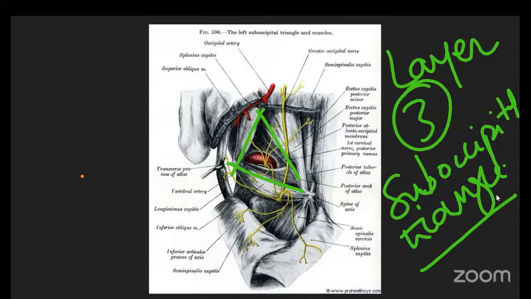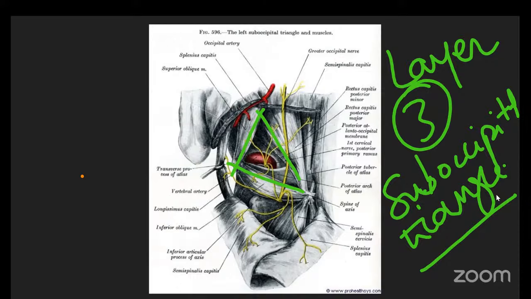So, suboccipital triangle, what is it guarding? We are already clear that the muscles were mainly divided in three layers. The first layer was dissected laterally, the second layer was dissected inferiorly. This is the third layer, and this shows these three muscles.